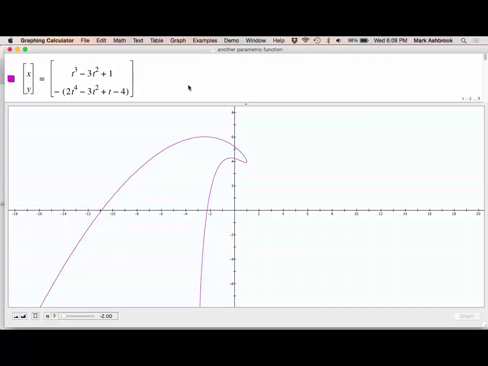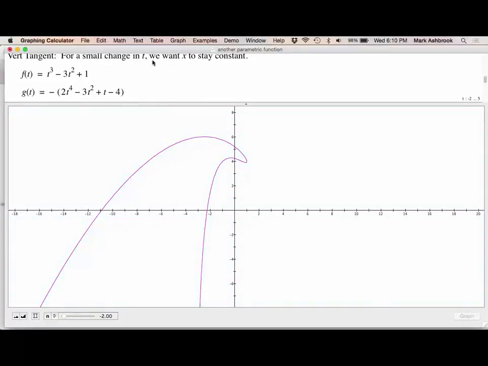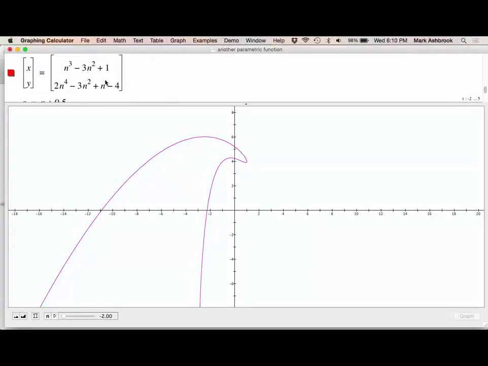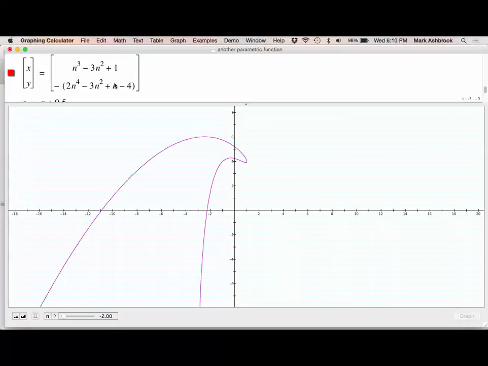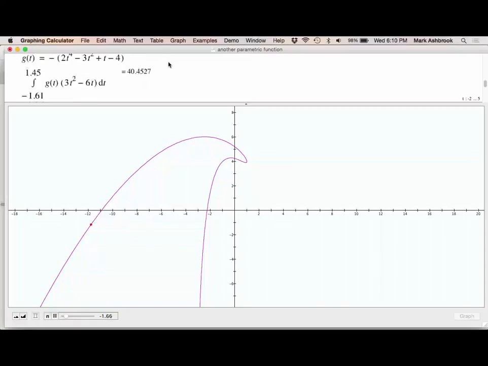So here's for increasing t on that graph right there.